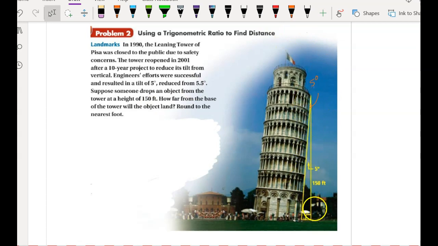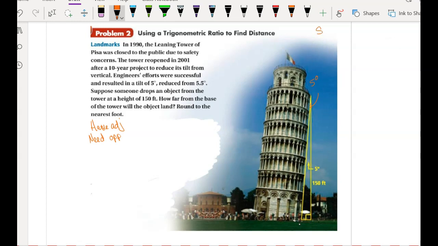Which part of the triangle is that? Okay, so this is going to be the adjacent. Now, which one am I looking for? I'm looking for this one, right? I want to see how far it falls from the base. So with this angle, what would this be called? Opposite. So I'm looking for the opposite.